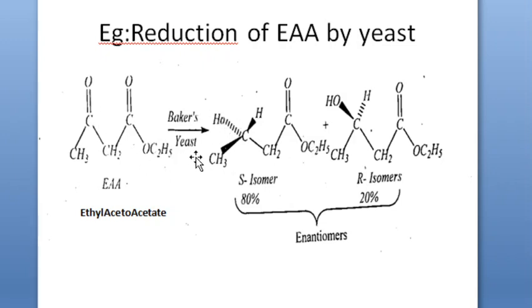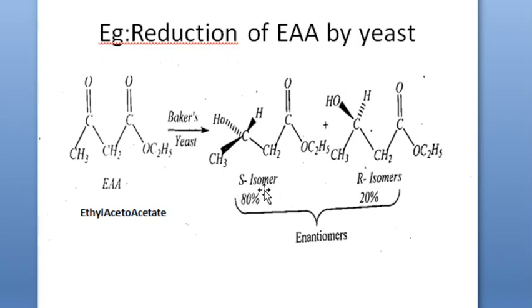And this yeast, which is used as Baker's yeast, carrying enzymes, will convert this ketone specifically into alcohol, and you get the S isomer with 80% yield, and the same ketone is converted even to the R isomer with 20% yield.